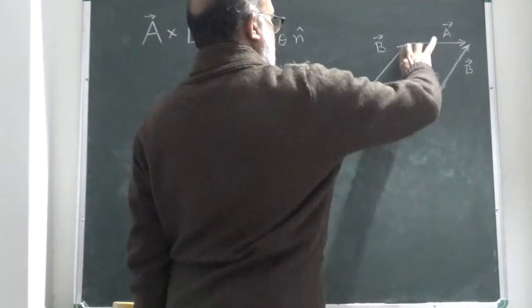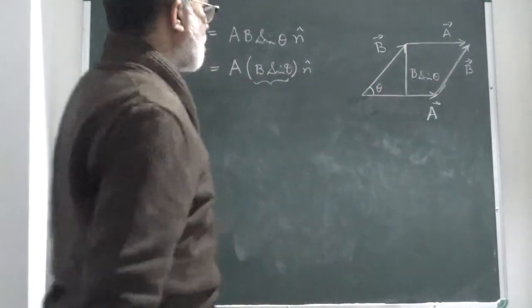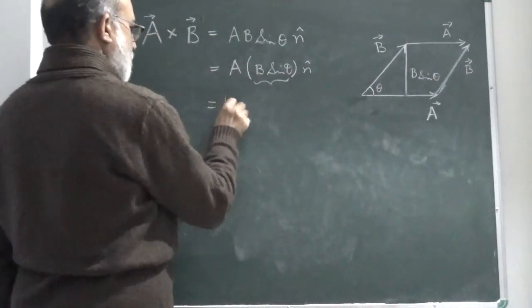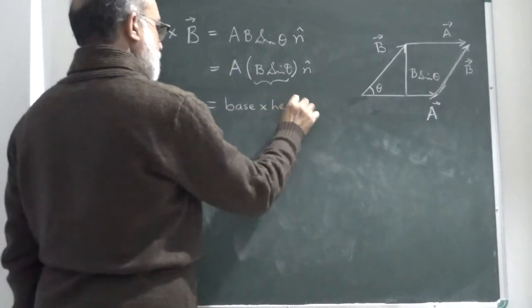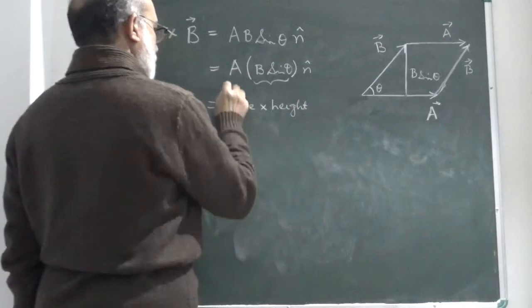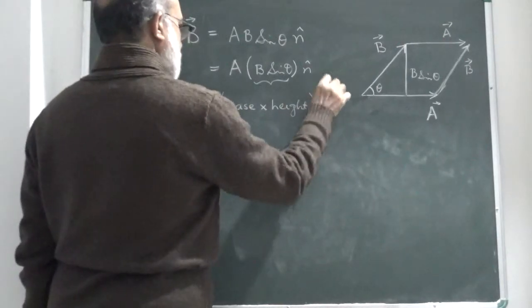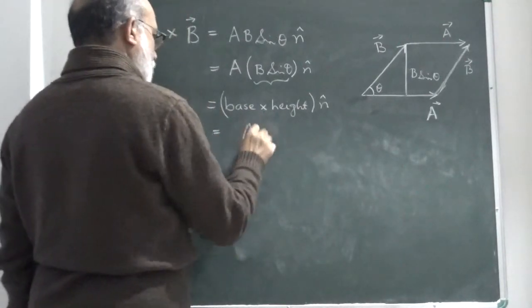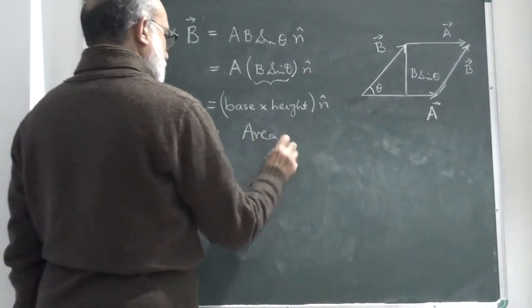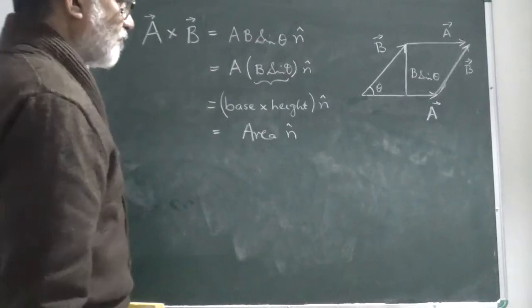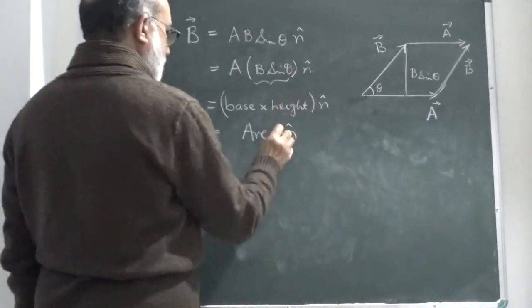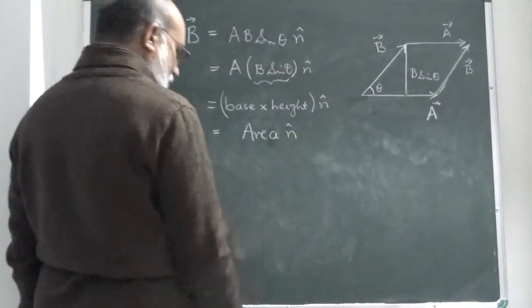This is the base into height, and base into height means area. This is the magnitude of the area, and this is the direction of the area. We know that the area is a vector quantity, so the area has a direction perpendicular to the plane.